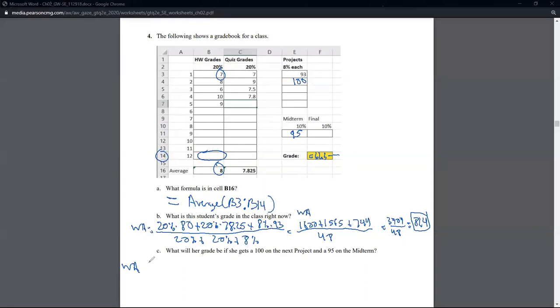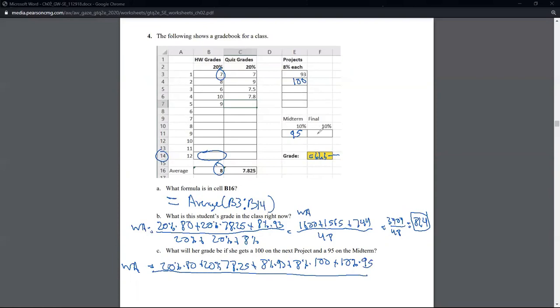Okay, so weighted average. Now we still have all of the stuff from before, the 20% times the 80, plus the 20% times the 78.25, that's homework and quizzes, plus project 1, 8% times 93, plus project 2, 8% times we got a 100, plus the midterm, which was 10% weighted at a 95 grade, all over.